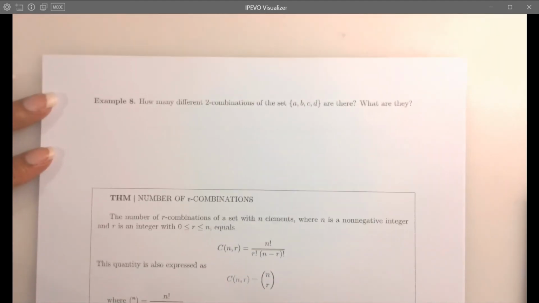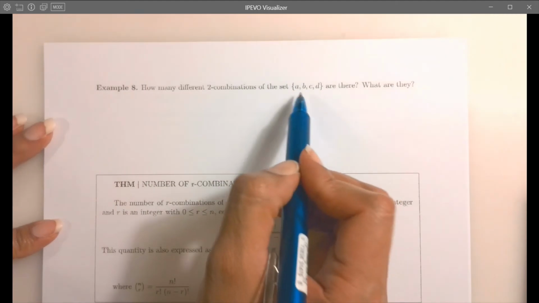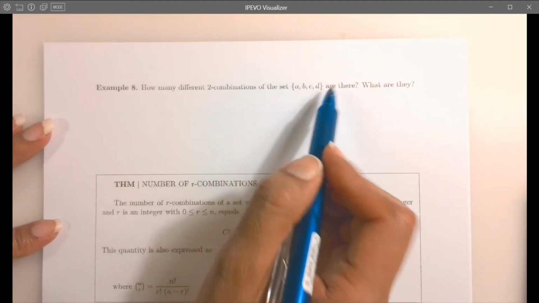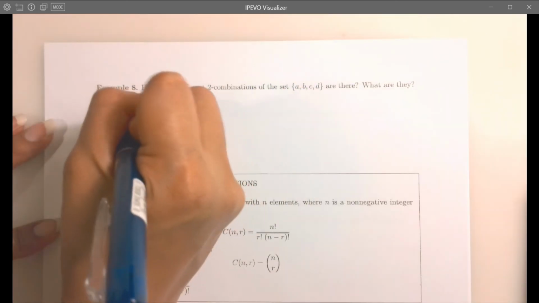Right, so for instance, if they ask us how many different 2 combinations of the set A, B, C, D there are, well, we can say this is 4 elements.